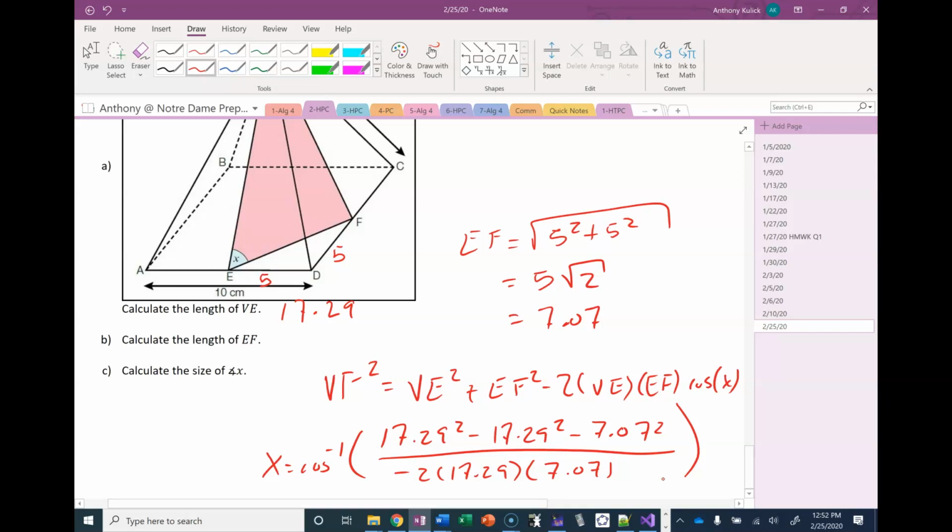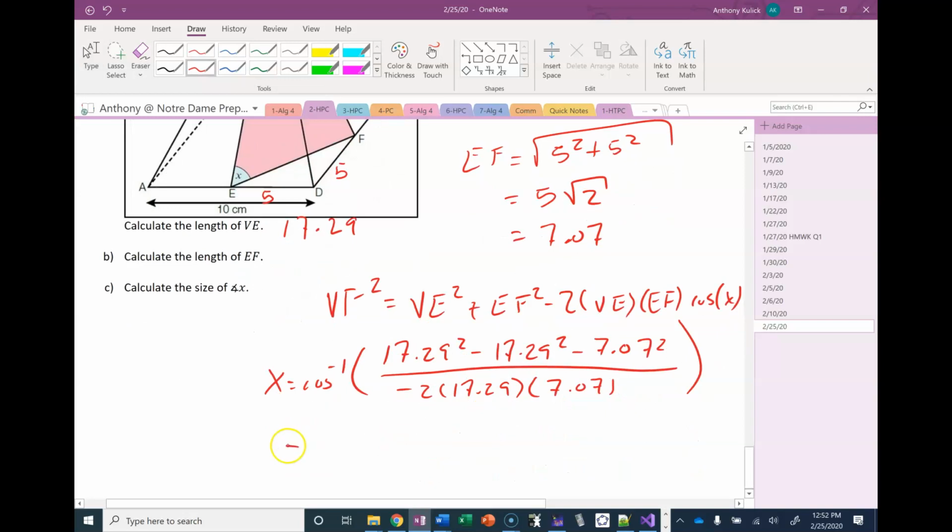Let's type that in right quick. So when I do that, I get 78.20, and that should be what we get.